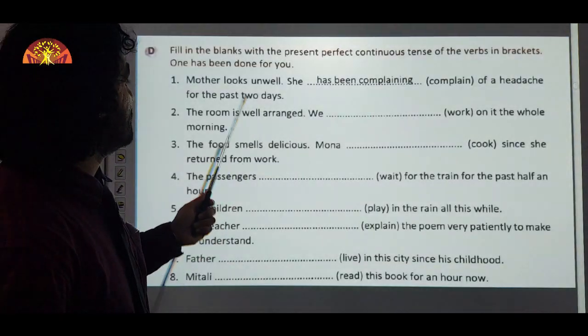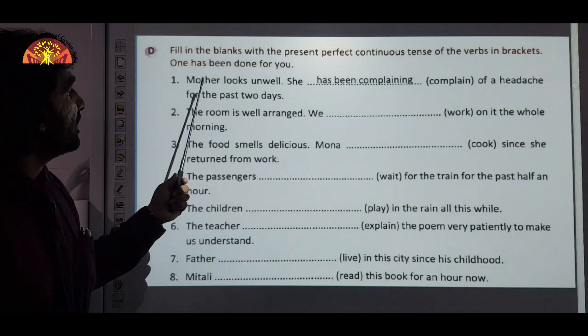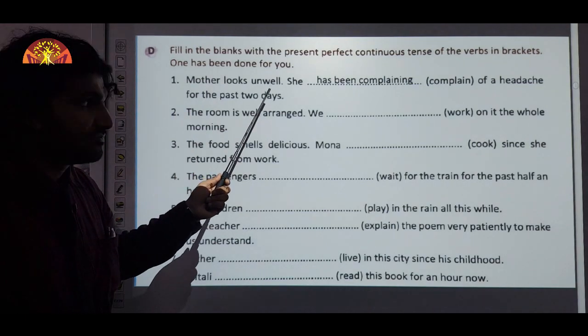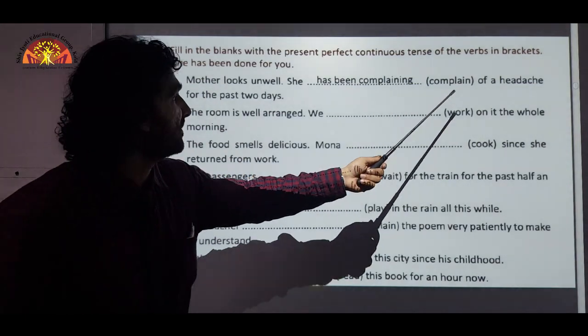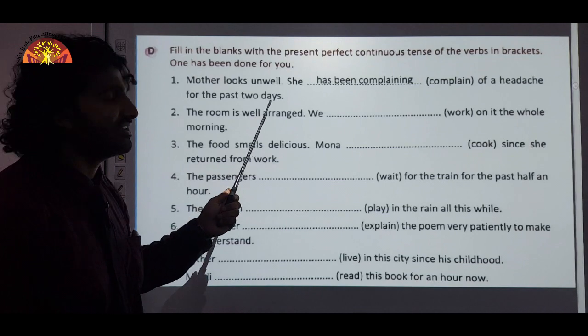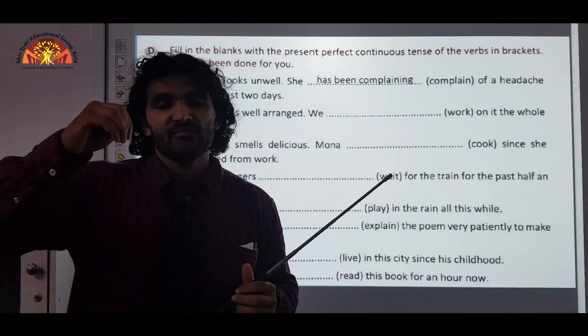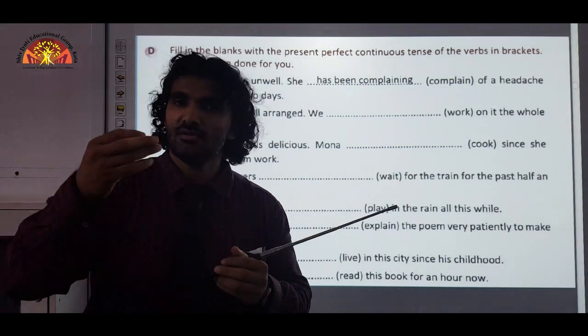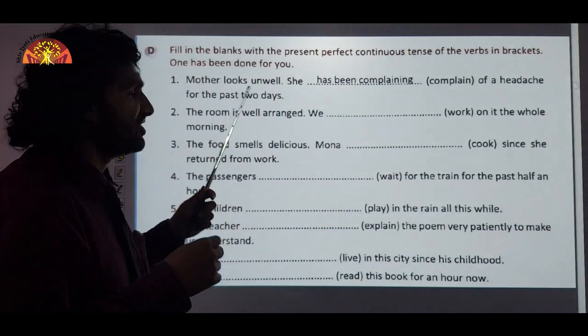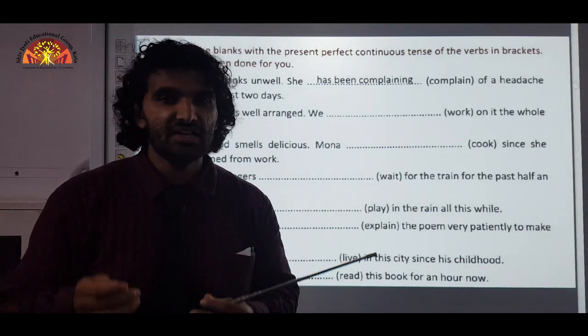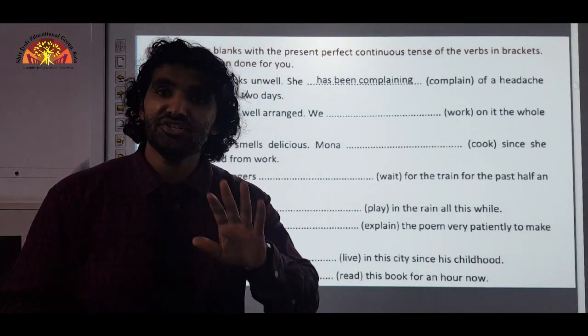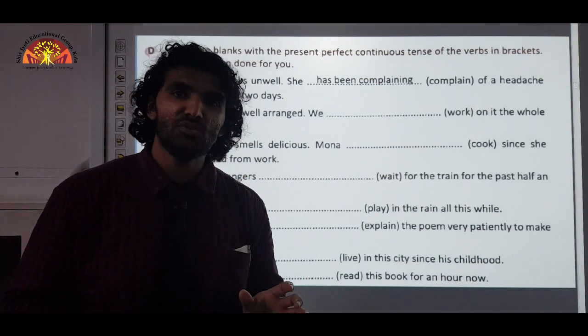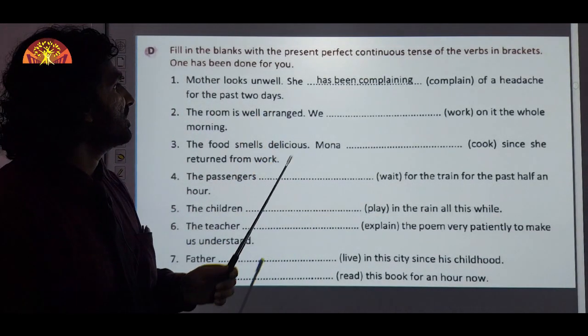Two days ago, the headache of mother started, and she is still feeling that headache, and it is not yet over. So here we have used present perfect continuous tense.